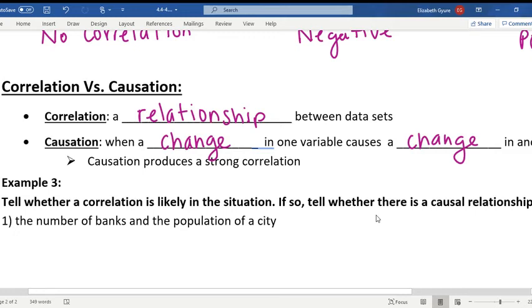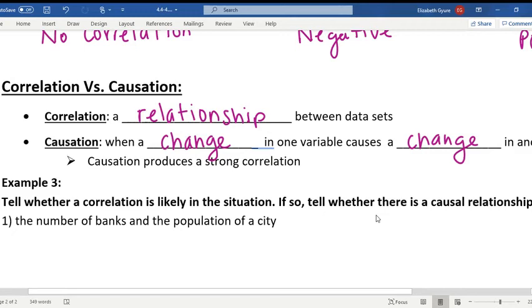Now, is it possible for something to have a relationship, but one not necessarily cause the other? I keep going back to my peanut butter and jelly example. It's the only good example that's popping into my head.